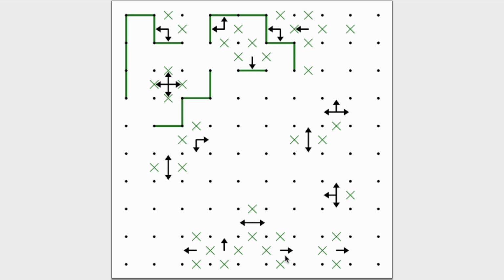This arrow is restricted because if we drew that line in, it would need to keep going, and there's nowhere further for it to go. So that's not it. We already know that's not it. So now it has to be one of these two options, and we're in the same situation we were up in this corner, where if it weren't this one, then this would have no place to go.